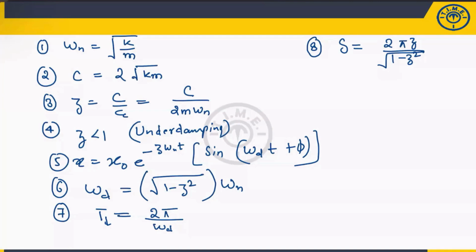I'm not talking only about the context of theory of machines and design, also in fluid mechanics. So there are some important results you have to remember. So please make a note of this, then I will discuss the problem. Or you can take the screenshot also. Yes, sir. Took the screenshot.